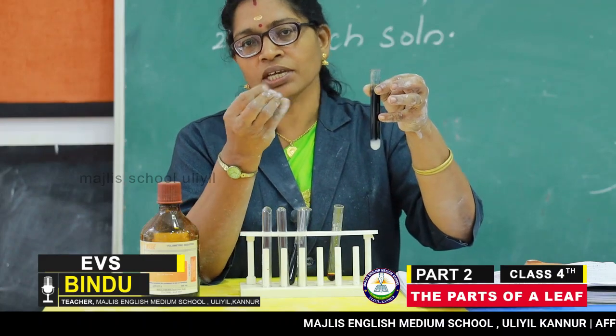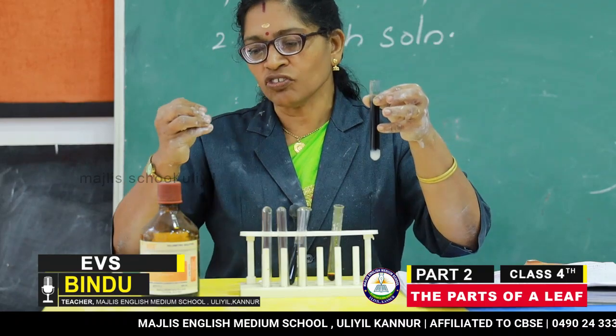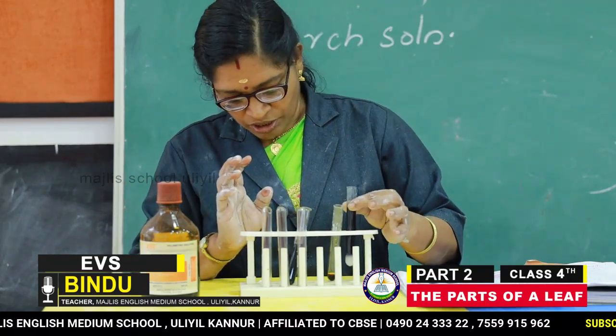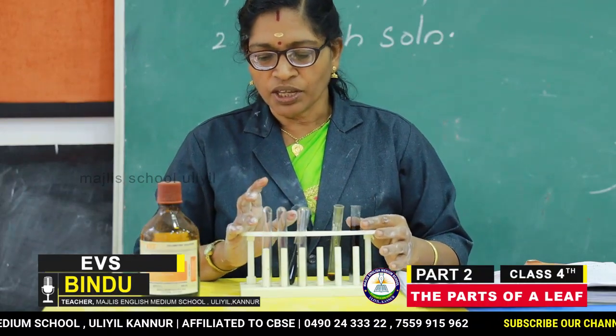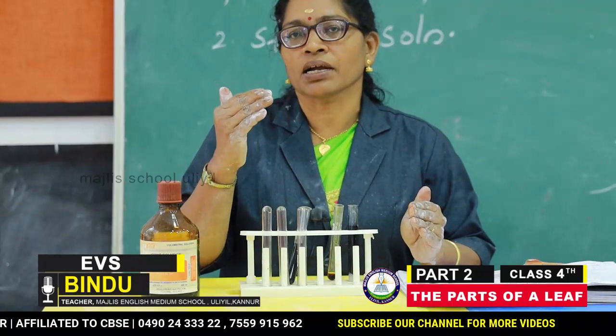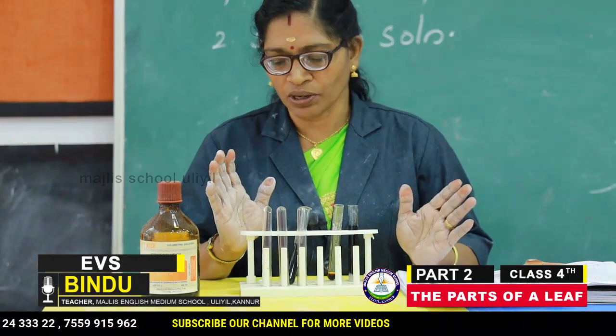When you take a potato, it also changes into blue-black color. If you want to identify a starch solution, it gives blue-black color when you put iodine solution. Are you clear?